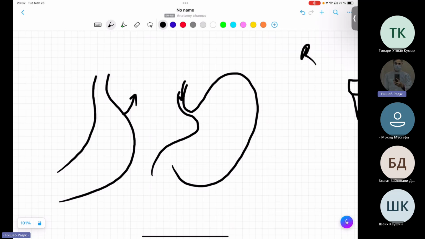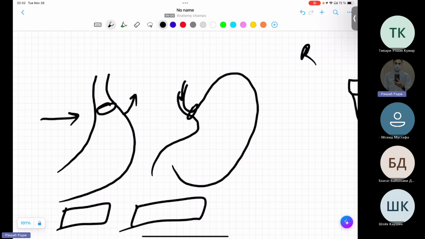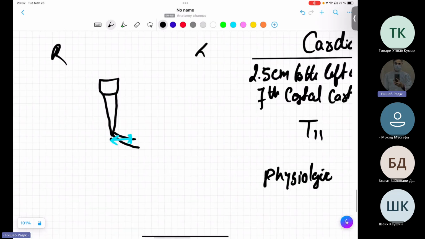So this had a sphincter. A sphincter is some structure which regulates the flow from one part to another part. But this was a physiological structure. The change in the anatomical structure due to a physiological reason which regulates the flow from one part to another part. This is your physiological sphincter.